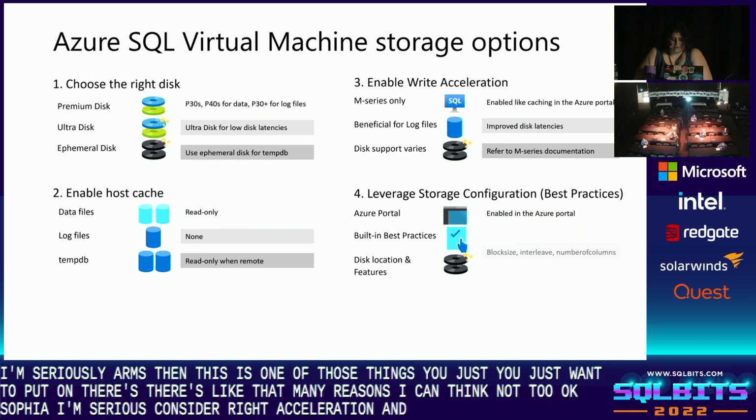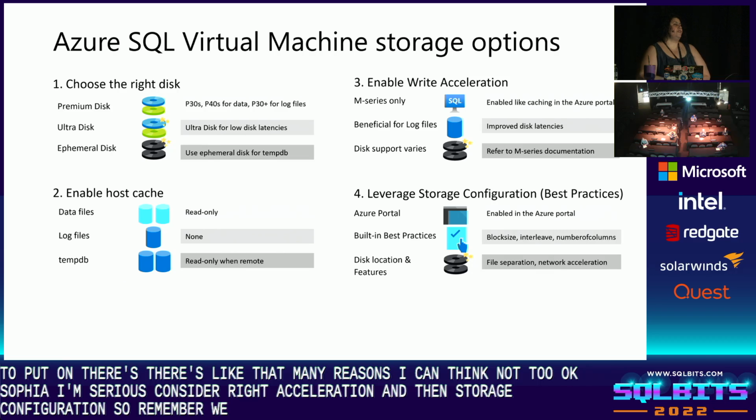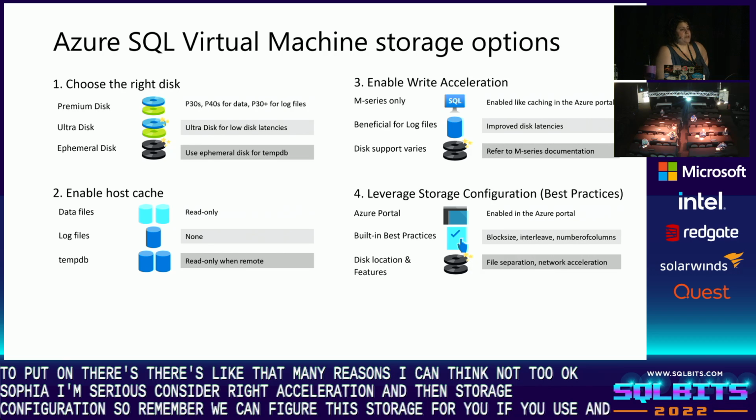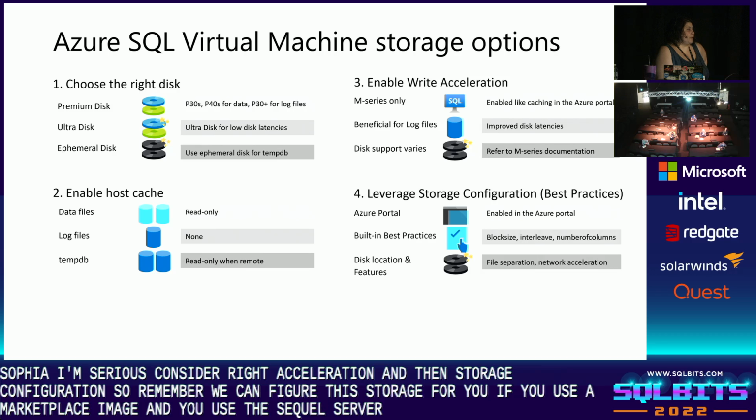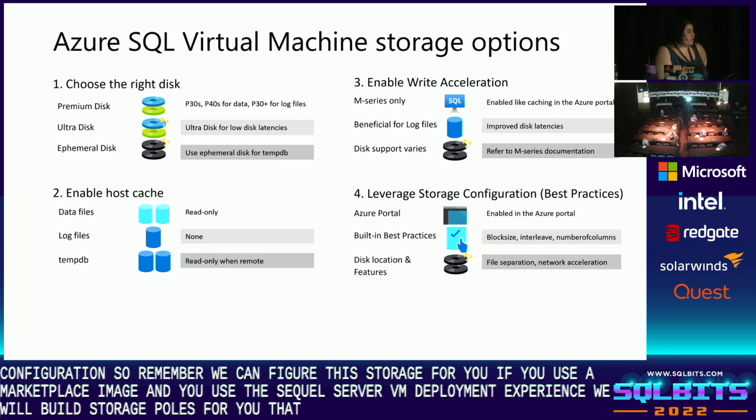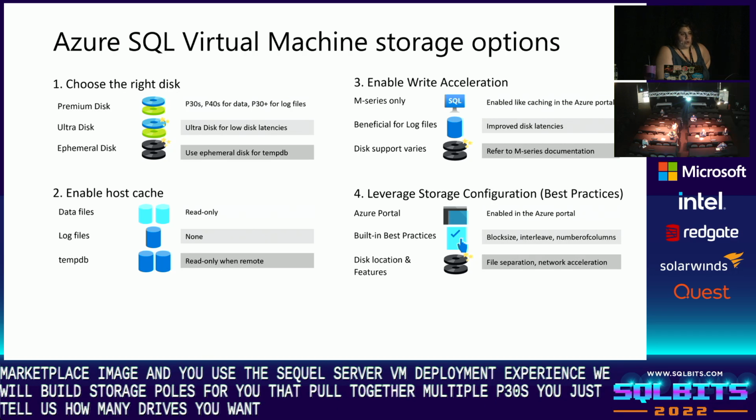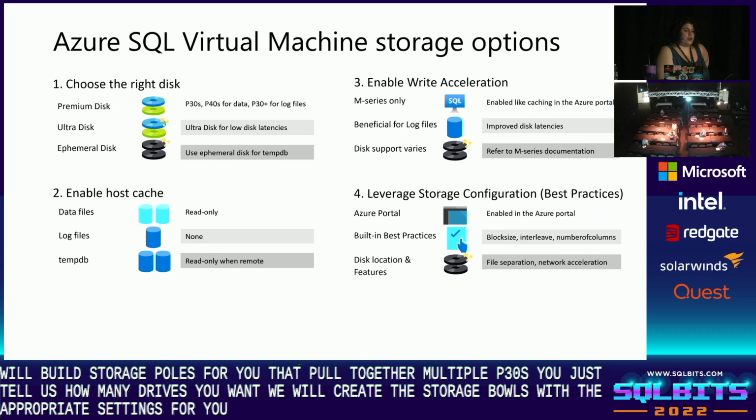And then storage configuration. So remember, we configure this storage for you if you use a marketplace image and you use the SQL Server VM deployment experience. We will build storage pools for you that pool together multiple P30s. You just tell us how many drives you want. We will create the storage pools with the appropriate settings for you. We will turn on read caching. We'll make sure it's off on the log drives.